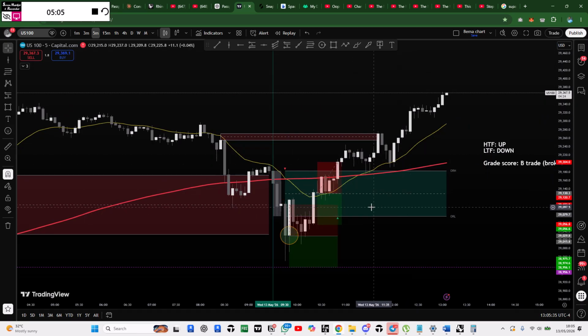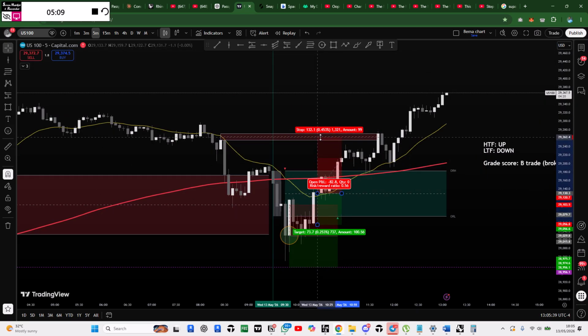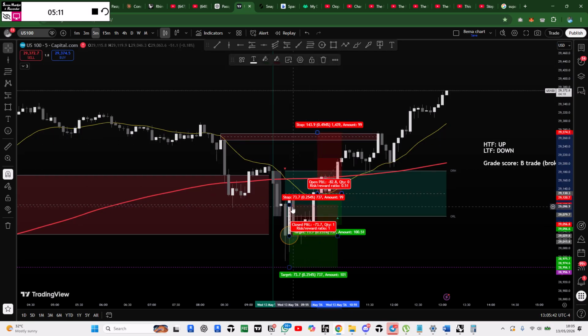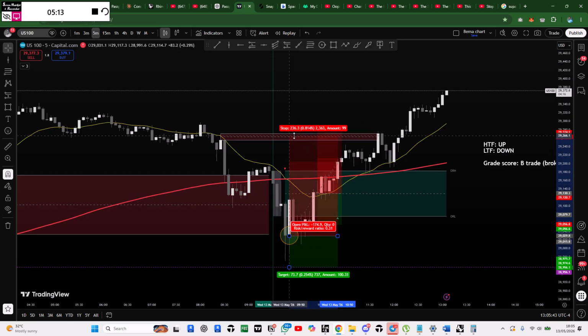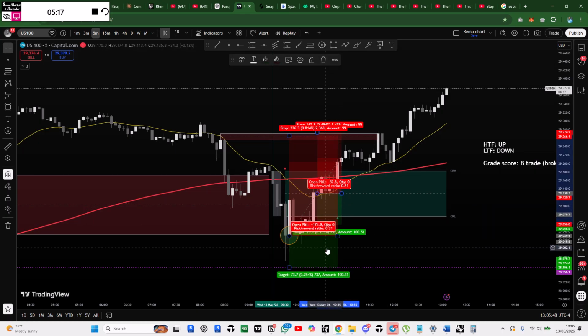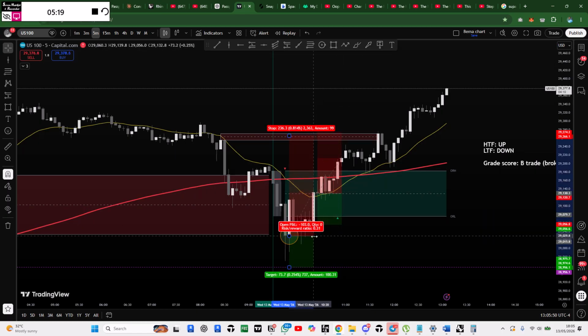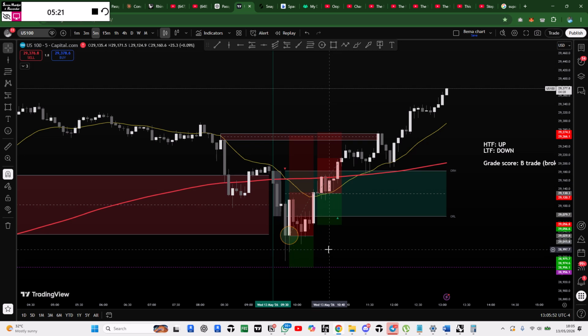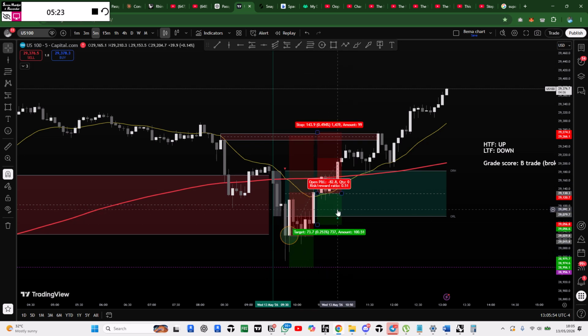Invalidation zone means that once we get up here, I'm willing to take a stop loss here and this trade also here. But the idea was this particular second trade was two times the size of the first trade. So this was 1 hour, this was 2 hour.